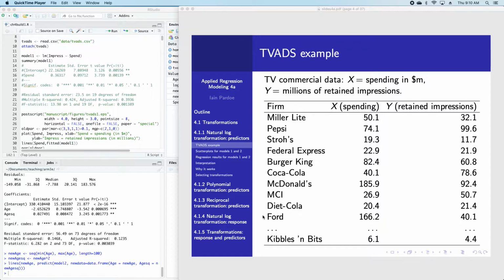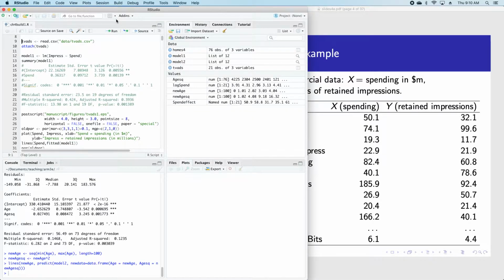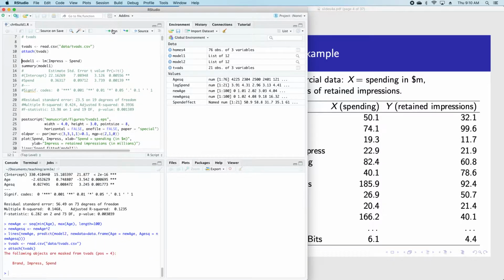We're going to try and predict that variable, the number of retained impressions, using the amount of money that's been spent on the commercial in millions of dollars. So you would expect to get more impressions the more you spend, but what is the nature of that relationship? I've got the data here in R, so I'll take a look at it first.